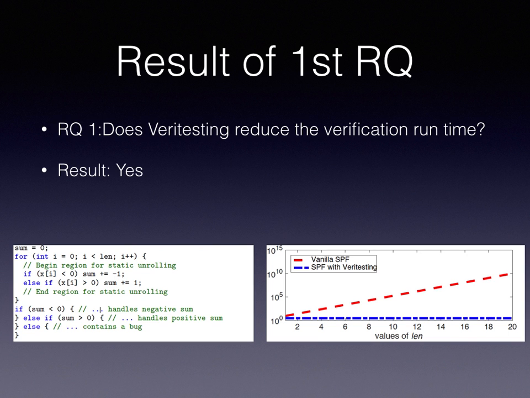I give an example, also a code fragment. Well, in the loop part of this fragment, the total number of execution paths required to cover a loop is 3 to the power of the length of the array.